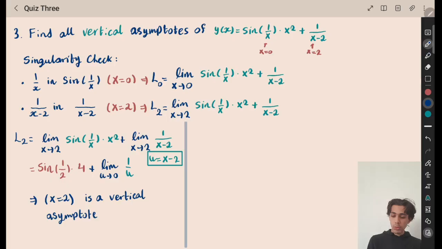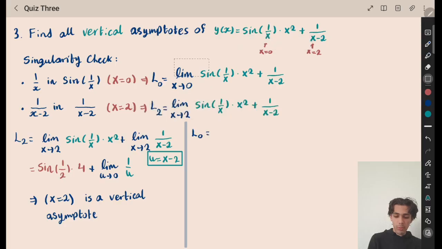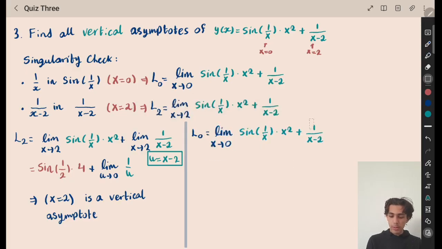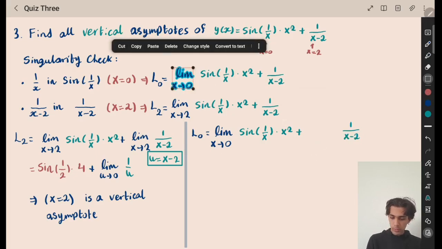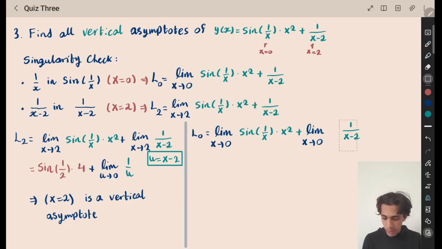Now, next we look at L0, and I think you've noticed that I've left it for now, because it may or may not be more interesting. It's very important to build up your arguments.